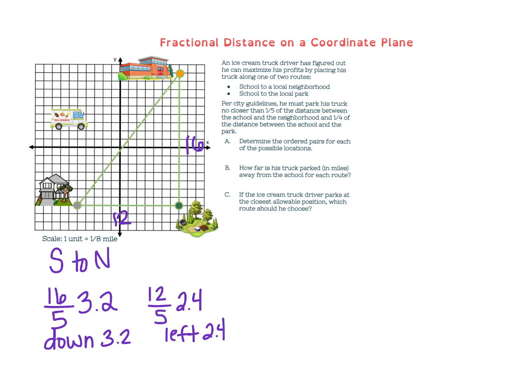If I'm going from the school to the neighborhood, I would go down and then to the left, right? So I want to look at the original location of the school. So the school is originally located at the ordered pair 7, 9.